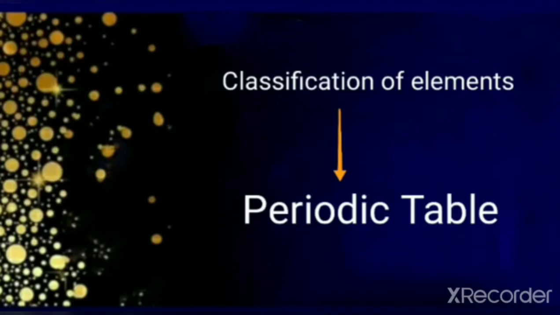Since the beginning of the 19th century, scientists have been trying to find out a basis of grouping elements having similar properties. So let us find what different periodic tables were given by different scientists.